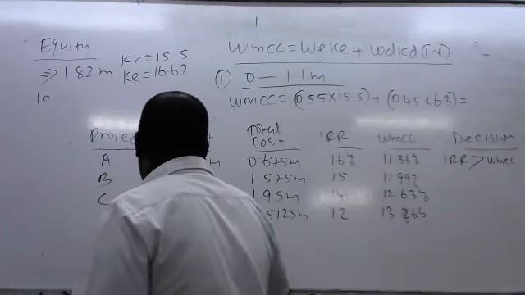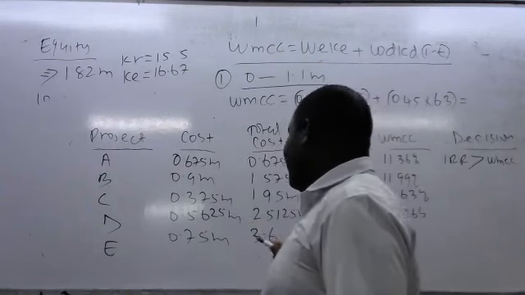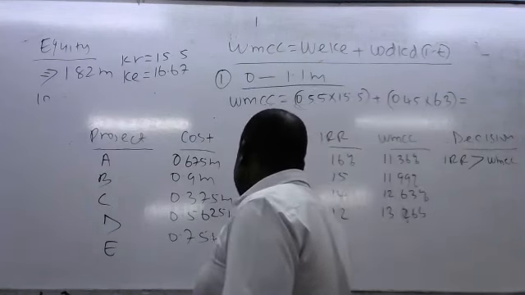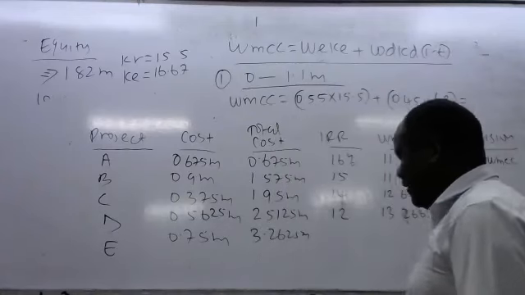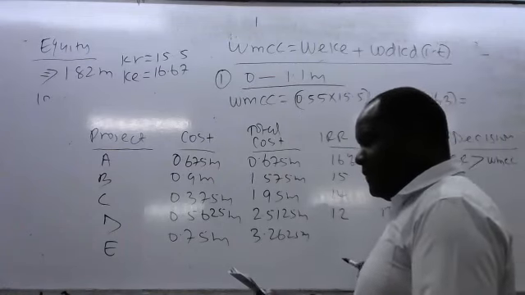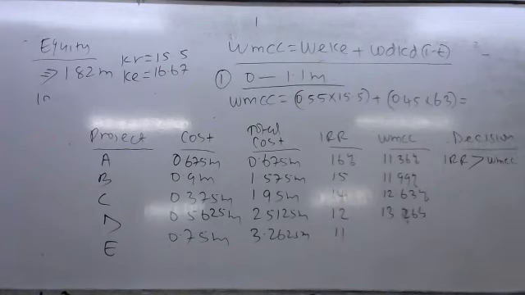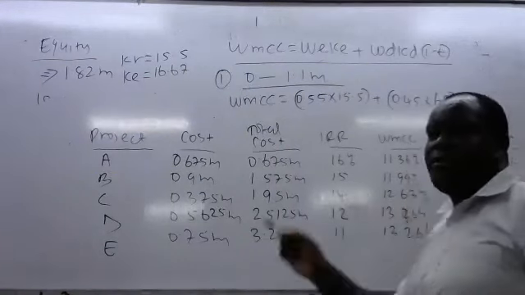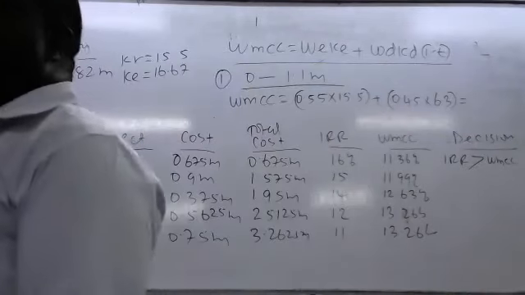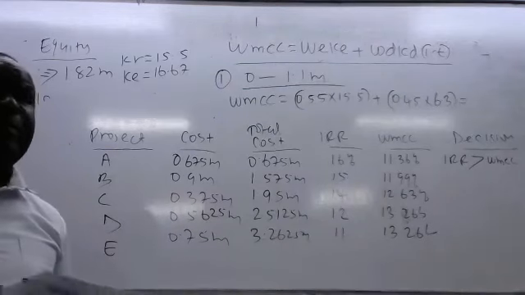So the cumulative was 3.26. The IRR for this one is 11, but the WMCC for the range above 3.26 is still about 13 points. So even project E is rejected. E is also rejected.